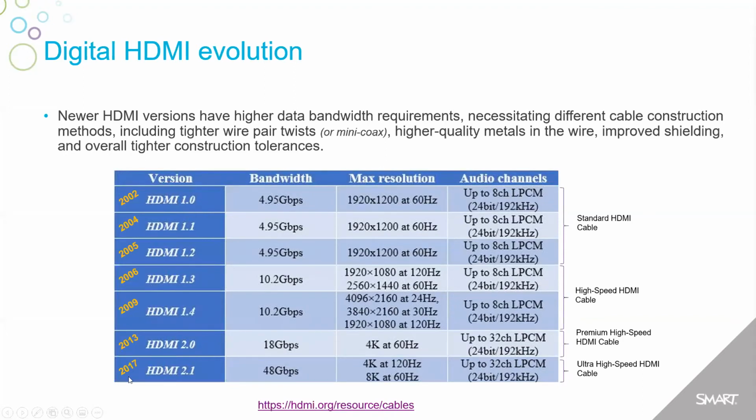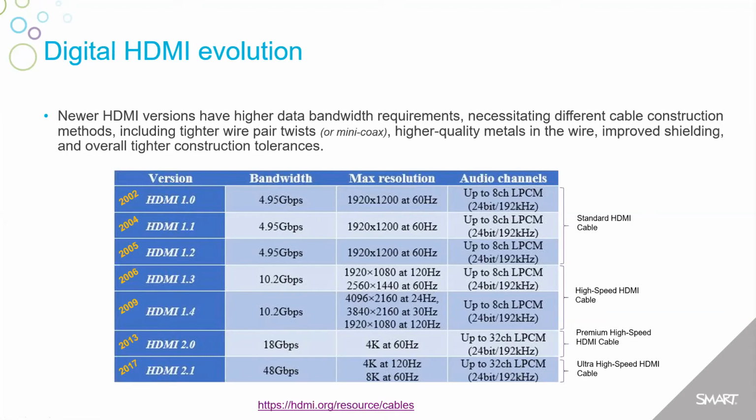These specifications came out in the years indicated on the left, but products using those specifications usually show up 2 to 3 years after the specifications are ratified. We're now in 2021. We are starting to see HDMI 2.1 products on the market.